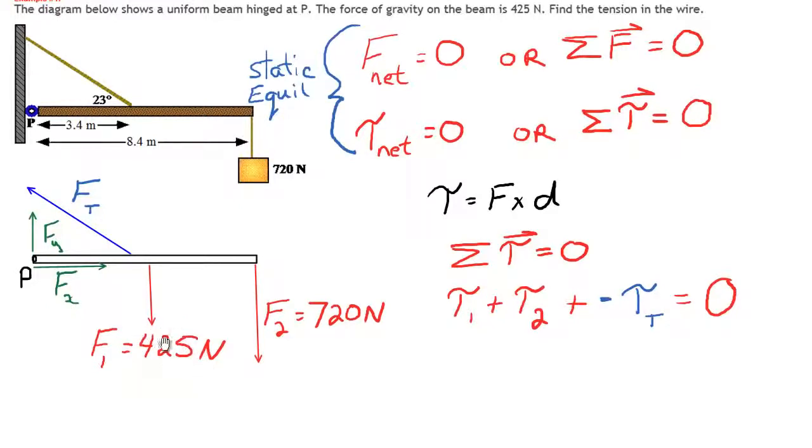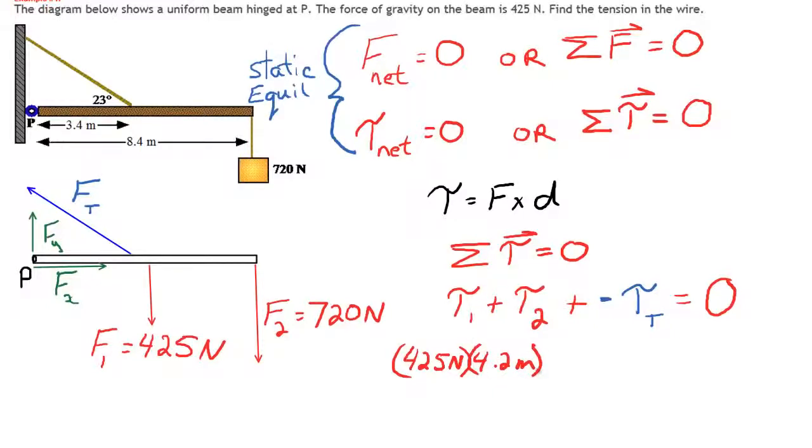Force 1 is the weight of the beam. It's right in the dead center of the beam. And if the beam is 8.4 meters long, the dead center will be at 4.2 meters. So torque 1 will be 425 times 4.2. Let's put that one in right away. Force times distance. Torque 1 will be 425 newtons times 4.2 meters.